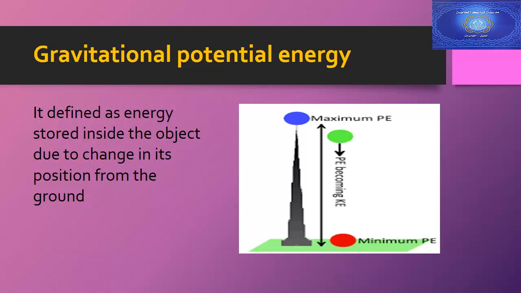But when this pole falls down, its potential energy will decrease until the pole reaches the ground. It means the potential energy equals 0 because there is no height from the ground or there is no gravitational pull from the earth. So gravitational potential energy depends on the height from the ground and it is stored inside the object due to a change in its position.